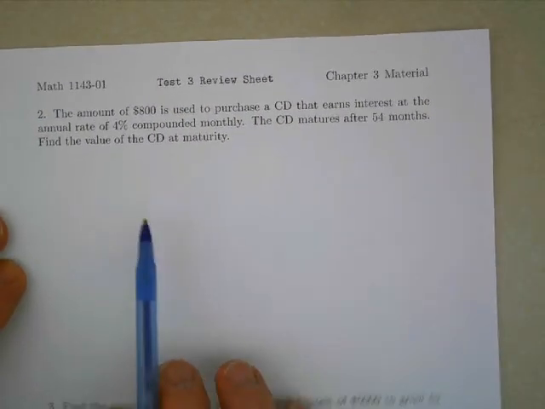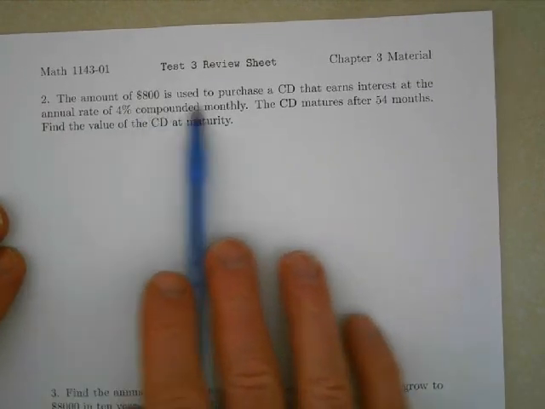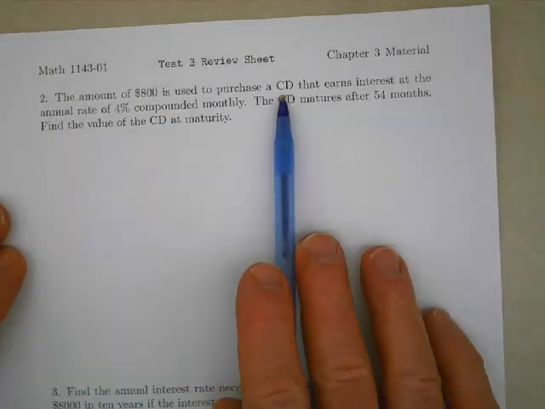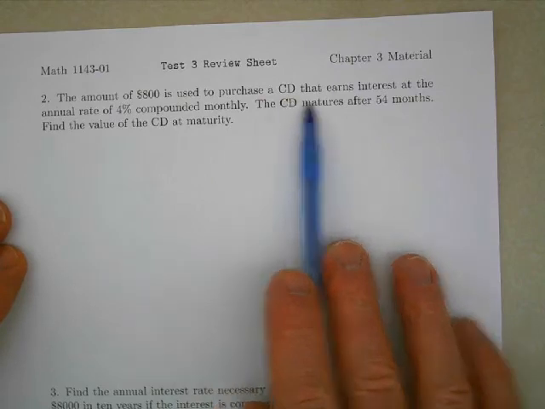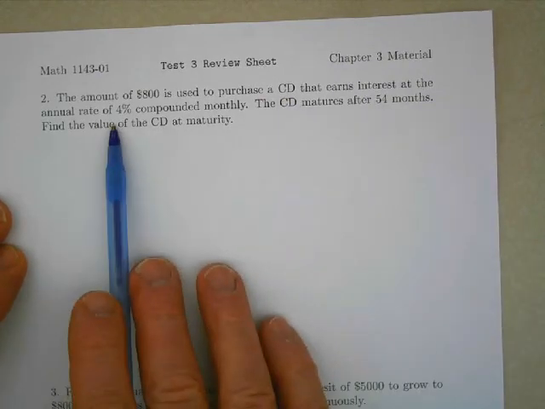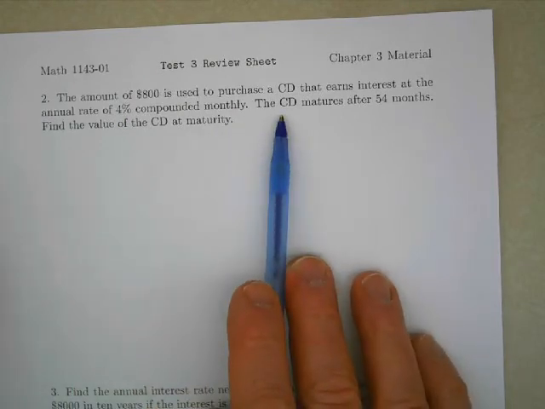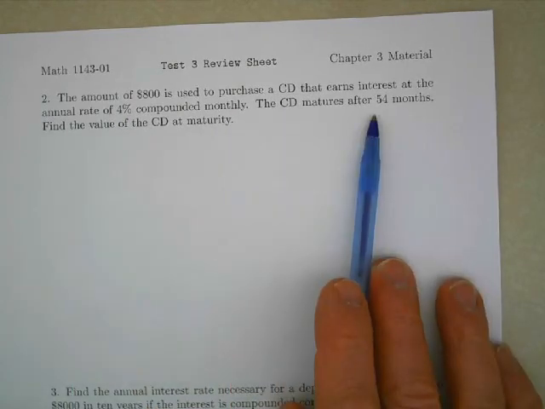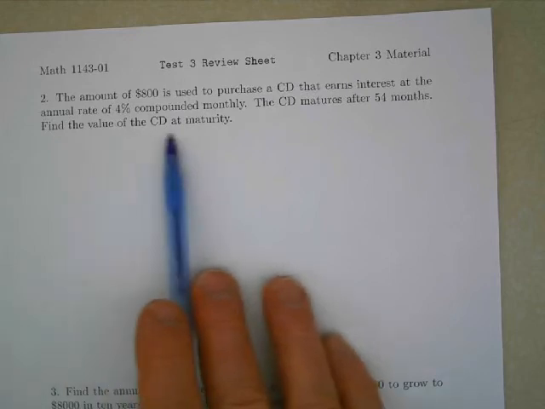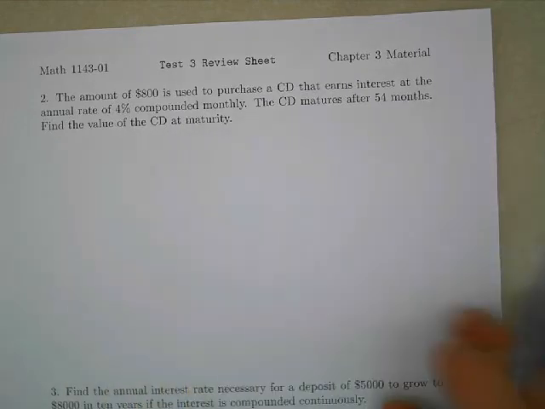The amount of $800 is used to purchase a CD, certificate of deposit, that earns interest at the annual rate of 4% compounded monthly. The CD matures after 54 months. Find the value of the CD at maturity.